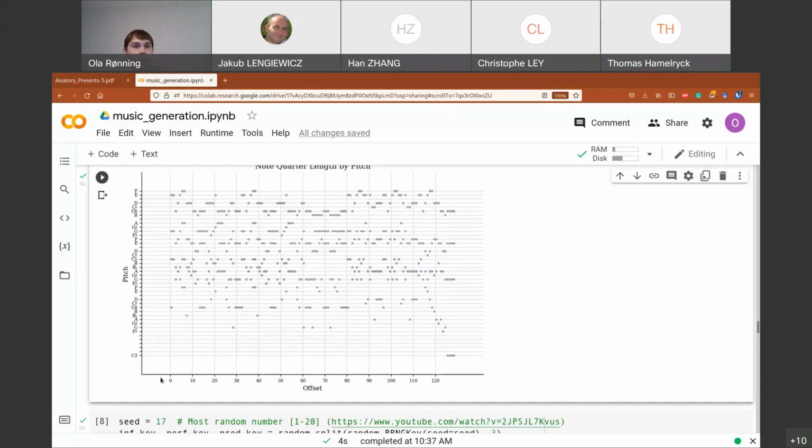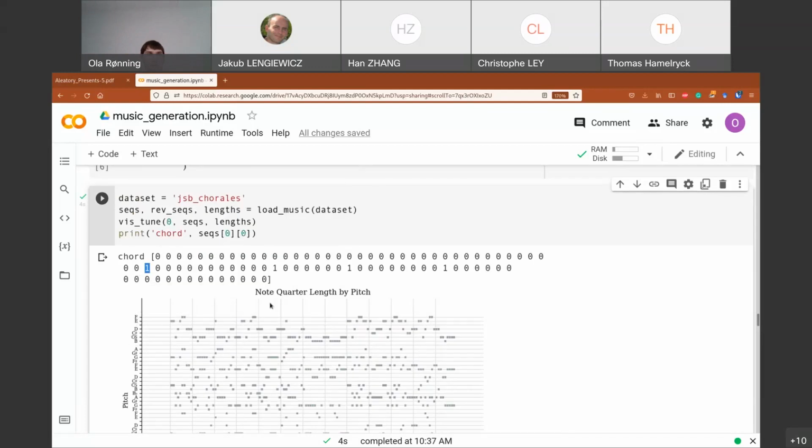We have our time dimension as we play, and then the chords here on our y-axis. This is dynamic in length, just like you would have with proteins. You would have dynamic lengths, at least until you do a multiple sequence alignment, which is also why our data consists of sequences.